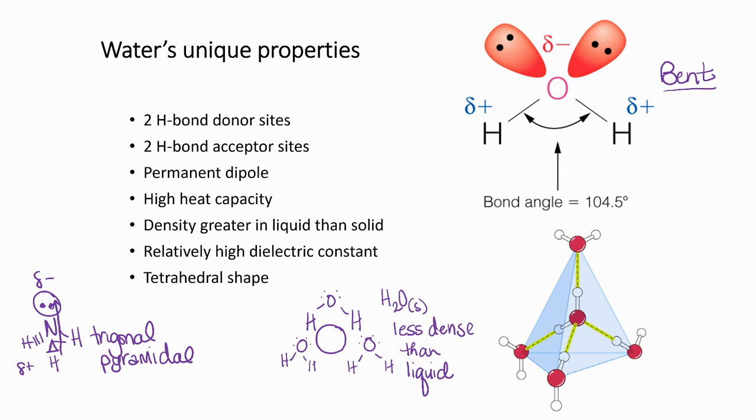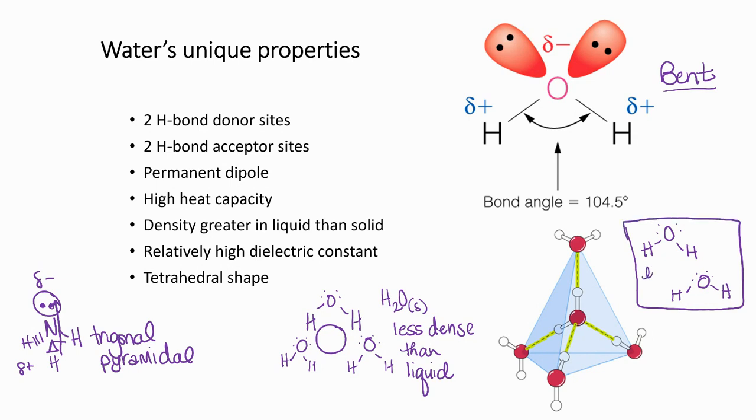Okay. The other thing that it'll have is that these really strong intermolecular forces will make water very difficult to boil. So, for example, here's water. Picture it in a liquid.